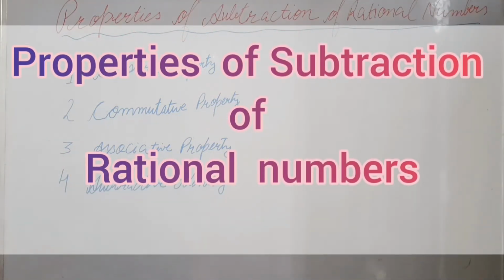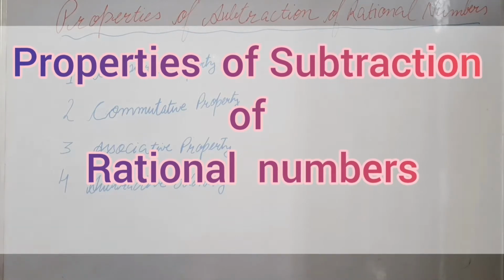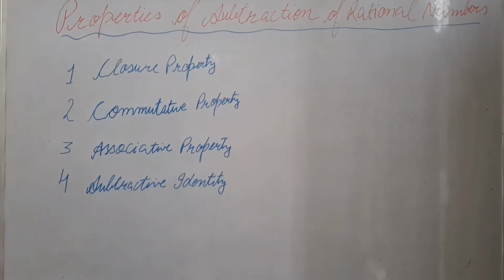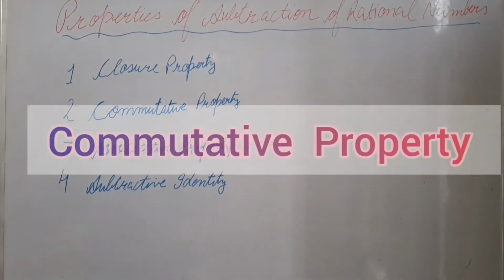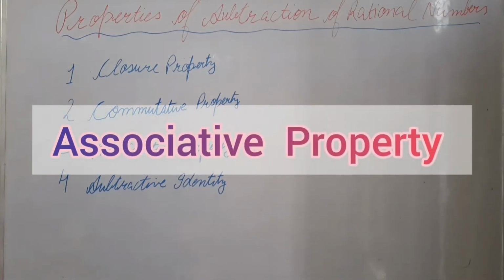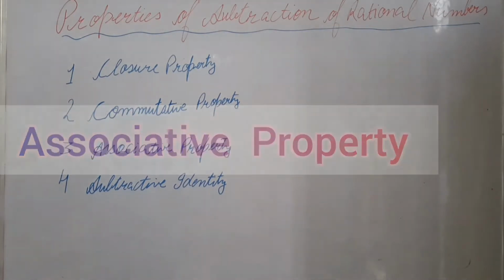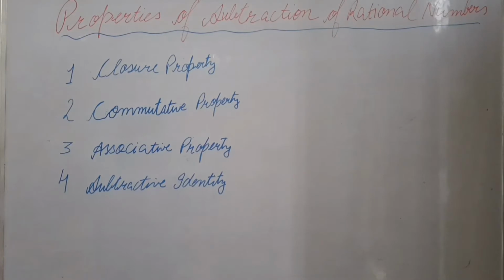In this video we will discuss some of the properties of subtraction of rational numbers. In the last video we have studied the properties of addition of rational numbers, and the properties are closure property, commutative property, associative property, and in case of addition, the existence of additive identity and the existence of additive inverse.